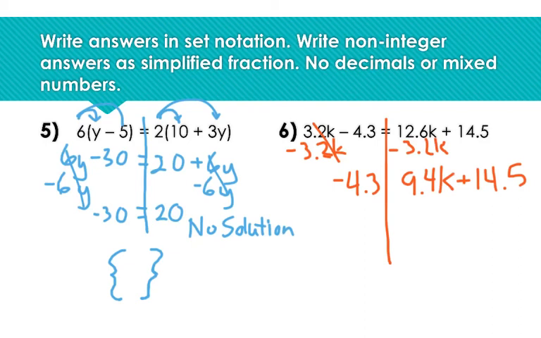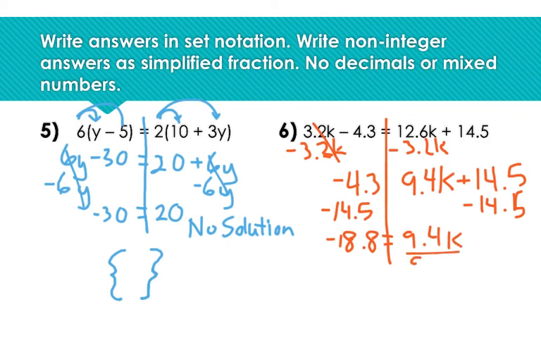Next up, we're going to subtract 14.5 to get k closer to being by itself. And since these are both negatives, we're just adding them and keeping the sign. So this is a negative 18.8 equals 9.4k.